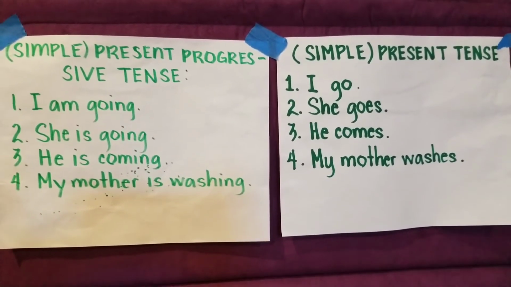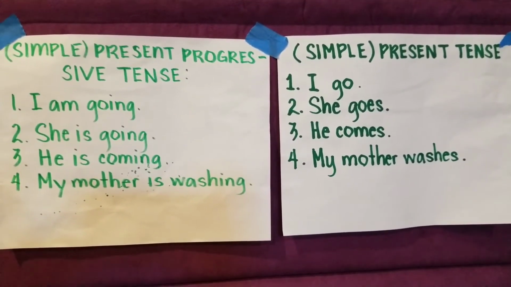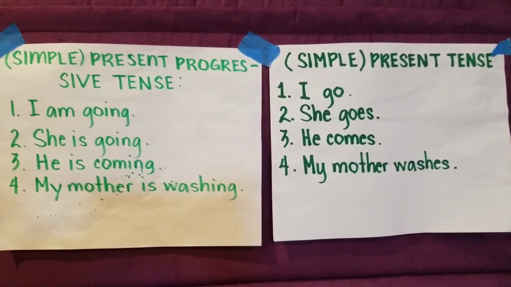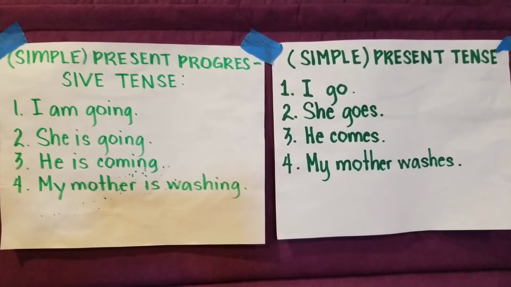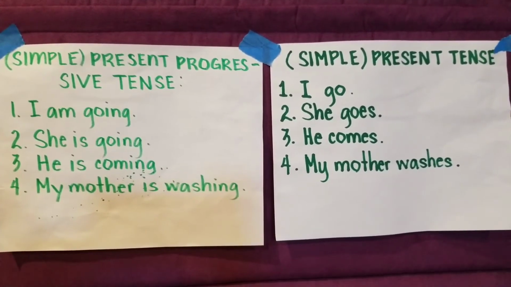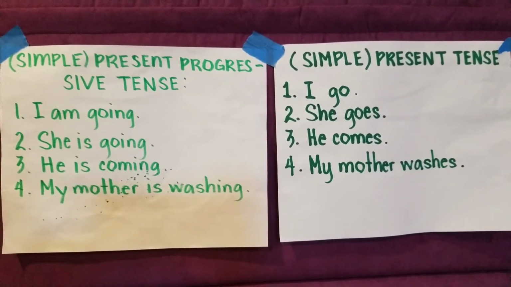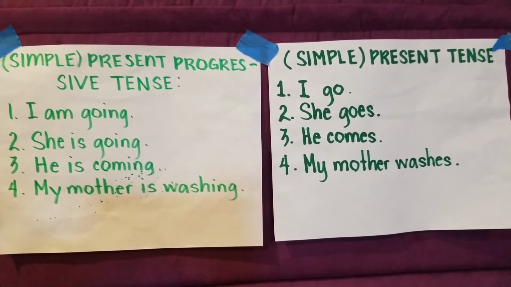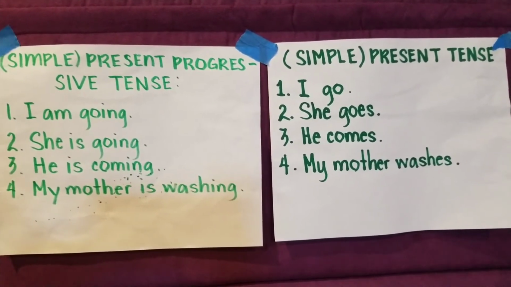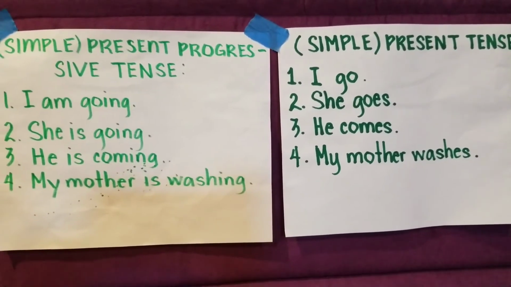So it is incorrect to say I am go, or she is goes, or he is come, or my mother is washes. Again, if the verb is an action in the simple present tense, a helping verb doesn't matter. So no helping verb and no suffix added to the main verb.